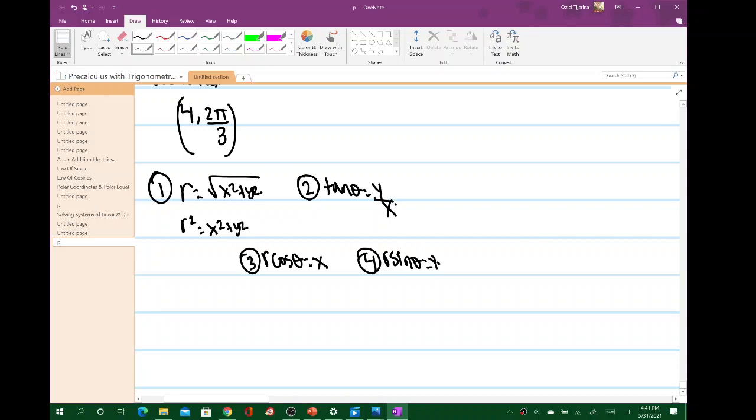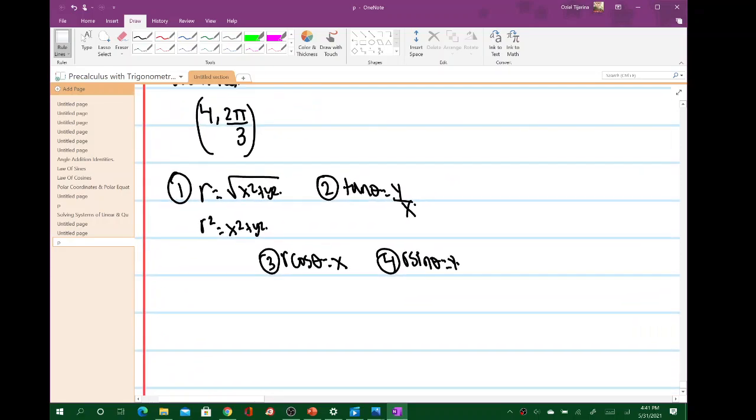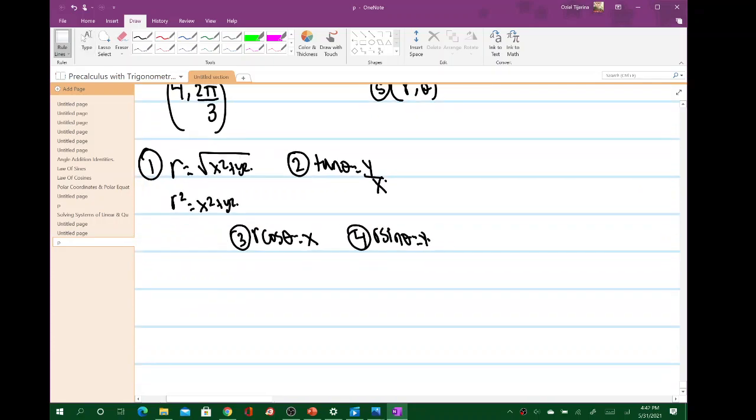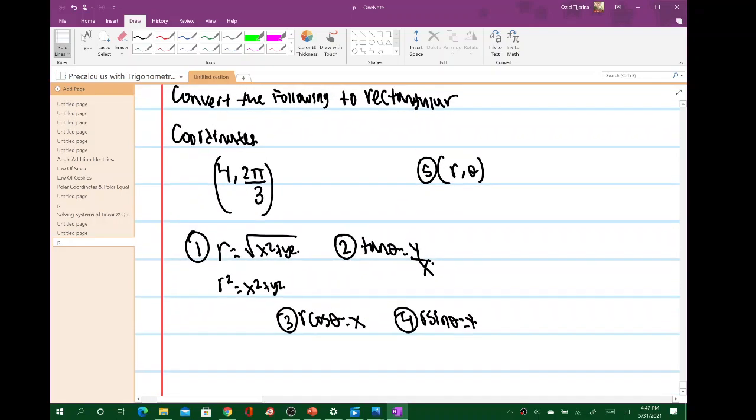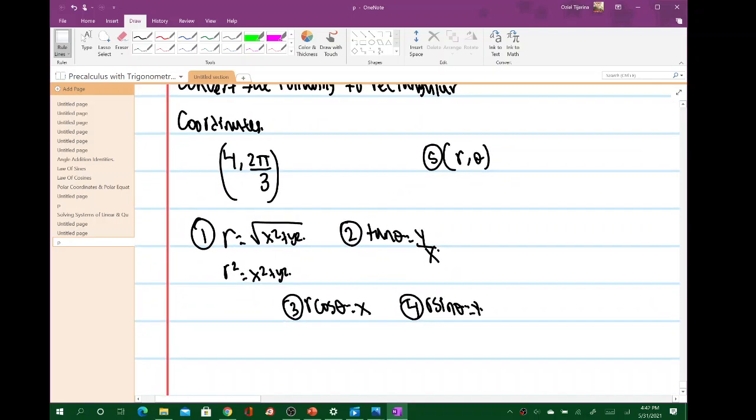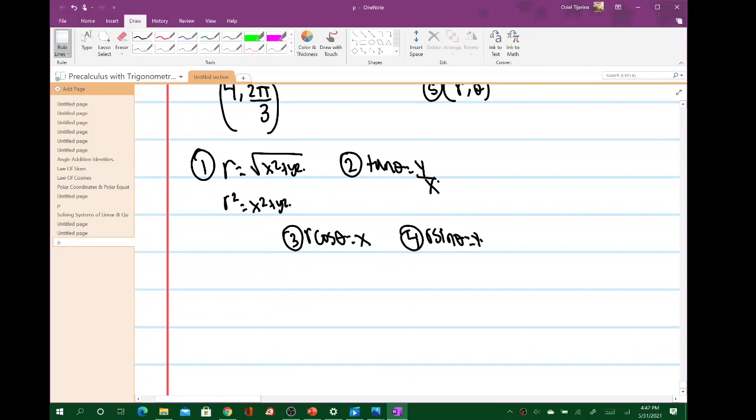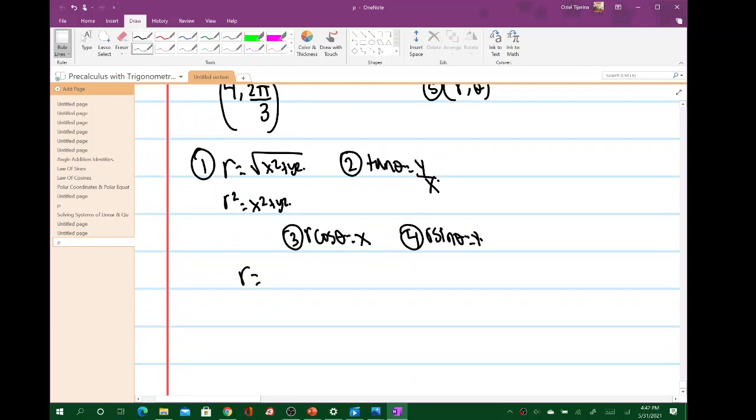As long as you know all of these, you're set to go. It's not really that hard. And also the form of a polar coordinate, which is (r, theta). As long as you know all of these 5 things, you're good to go, right? Now, to convert this to rectangular coordinates, we know that r is 4 and theta is 2 pi over 3.